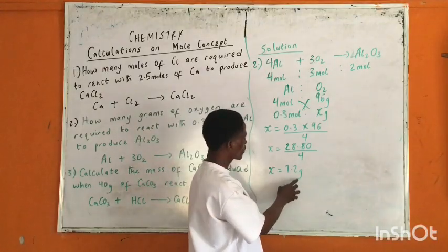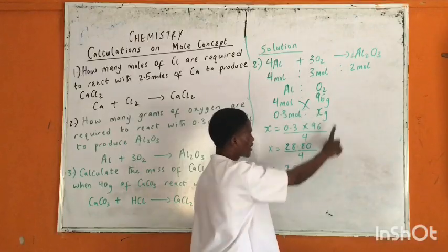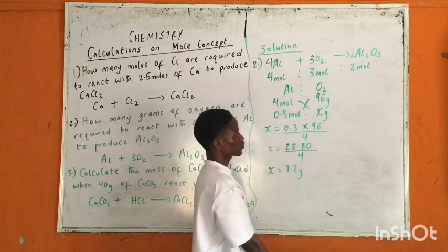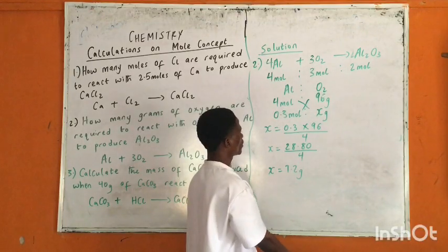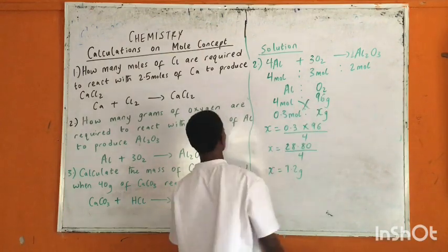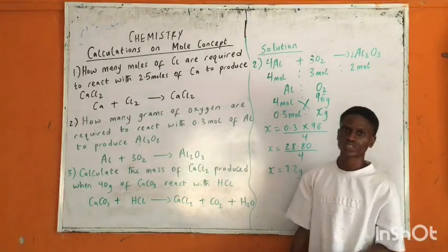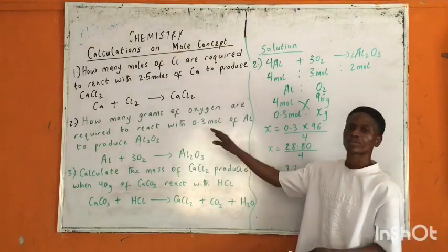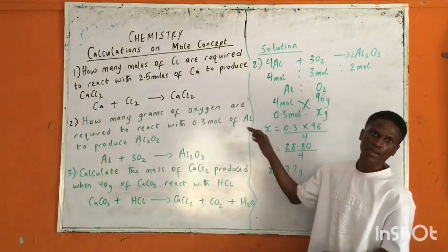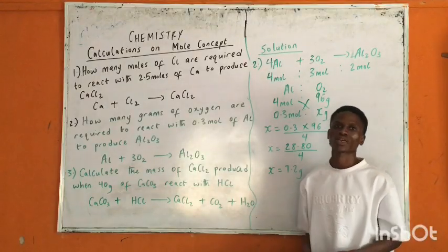I put gram here because we're having X gram. So 7.2 gram of oxygen are required to react with 0.3 mole of aluminium to produce aluminium oxide.